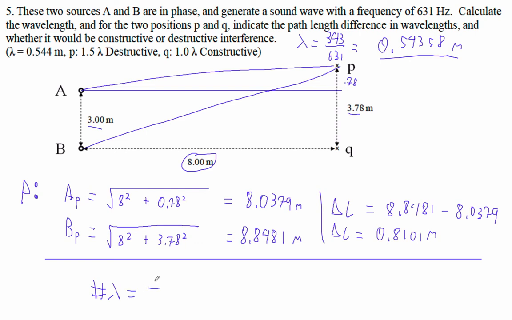Now the next thing, the final thing, is we just got to figure out the number of wavelengths, right? And that's going to be the difference in length divided by the wavelength, right? So that'll be 0.8101 divided by this guy, 0.54358. These are meters, so this is like a pure number, right? Okay, so that guy divided by the wavelength.